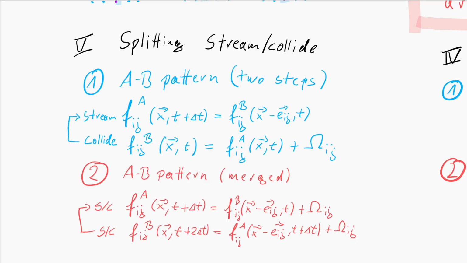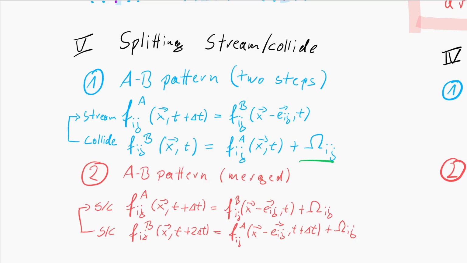So what you can do to deal with this is, for example, the following. The simplest way of doing this would be splitting between the streaming and the collision. So you do the streaming from the matrix B to the matrix A, and then in the next step you use the matrix A as a pre-collision state.